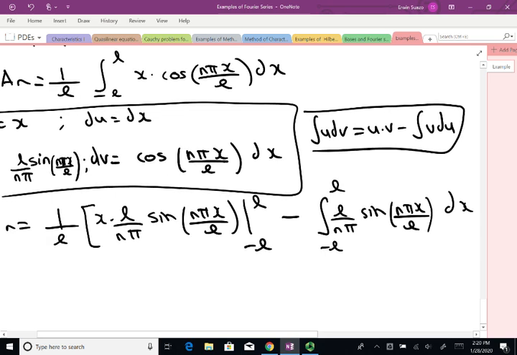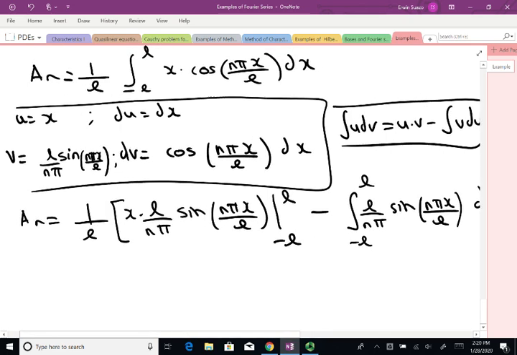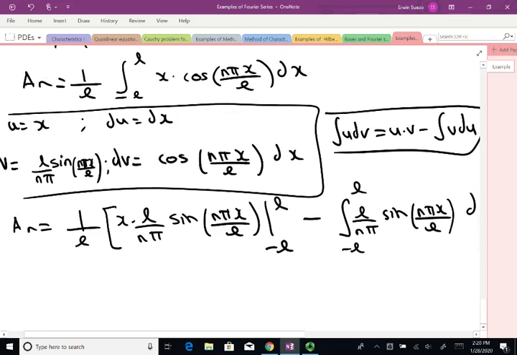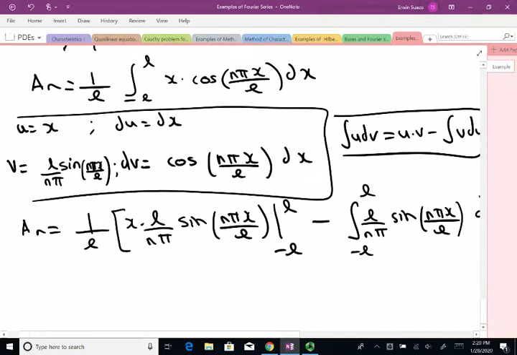So this is an advice for you guys. When you're doing this calculation, you write a line, you have to check the line and then keep going. Otherwise, if you make a mistake, everything after that is gonna be wrong. Okay, so a_n is u times v minus the integral of v du.